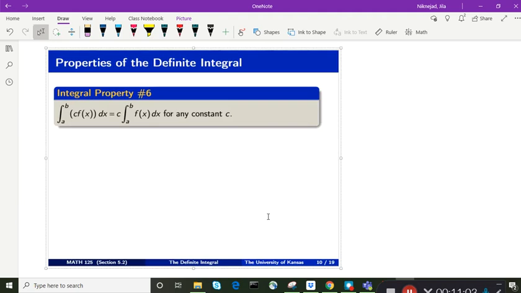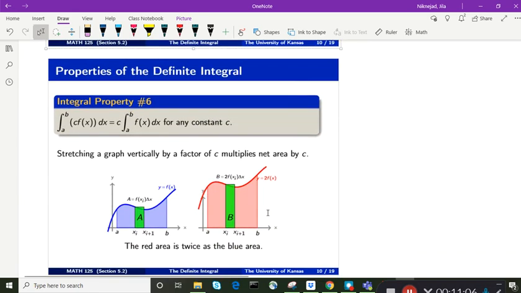All these properties should remind you of similar properties that we had for derivatives, except instead of derivatives you see an integral. The summation property and a few of them are very similar to the derivative properties, except instead of d over dx you have the integral from A to B. And some of them are a bit different, like when you're breaking down the two areas.